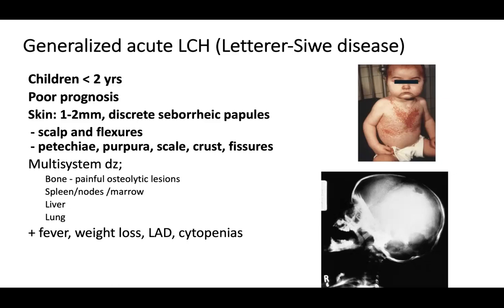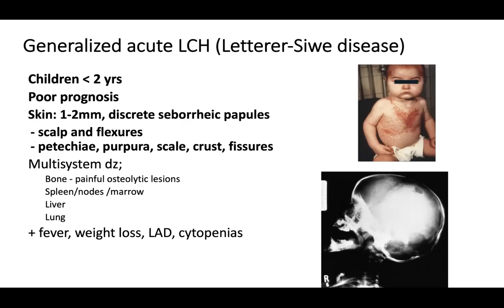You see petechiae and purpura, which to me are more indicative of potentially an LCH versus a seborrheic dermatitis, because usually you're not going to see a lot of petechiae and purpura in the presence of just your run-of-the-mill seborrheic dermatitis. You're going to see lots of inflammation, but typically that deep purple vasculitic appearance, you're not going to necessarily see in seborrheic dermatitis.